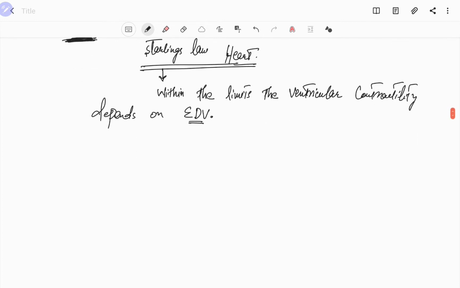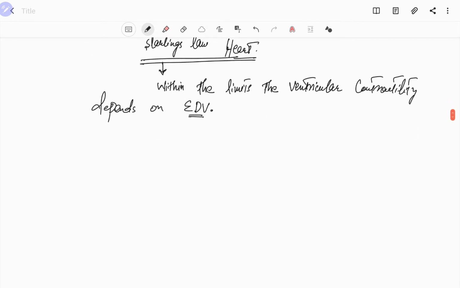Here we will draw a relation between the stroke volume and preload. Within the limits means not in pathological conditions but within normal physiological limits.